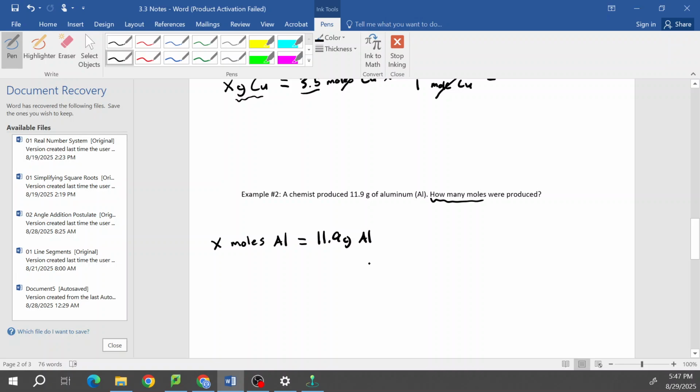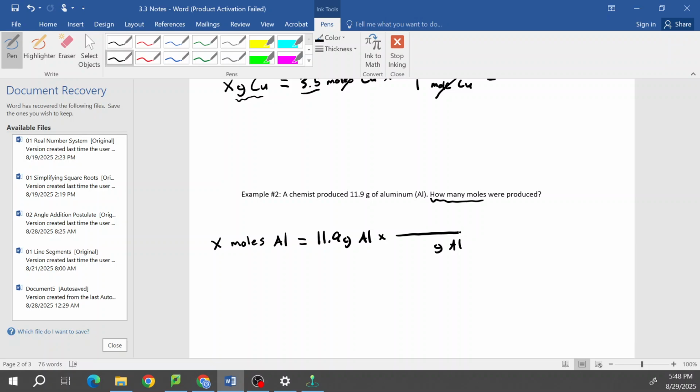So I write my 11.9 grams of aluminum, and for all of these problems, I'm always going to multiply by some conversion factor. Question is, what is that conversion factor? Well, I don't know exactly what that conversion factor is, but I do know if I need to convert grams into moles, I need to get rid of this gram somehow. So grams of aluminum is going to go on the bottom to cancel out with that grams on the top.